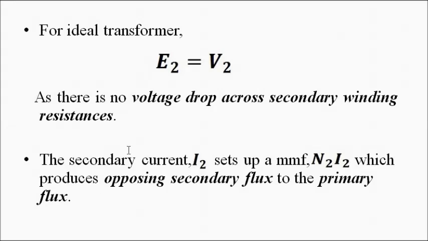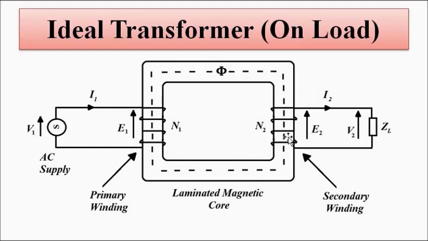So this magnetomotive force value N2I2, product of the secondary turns of coil N2 and this secondary current I2, is opposite in nature to the primary MMF, primary magnetomotive force, that is N1I1. It is opposite in nature.